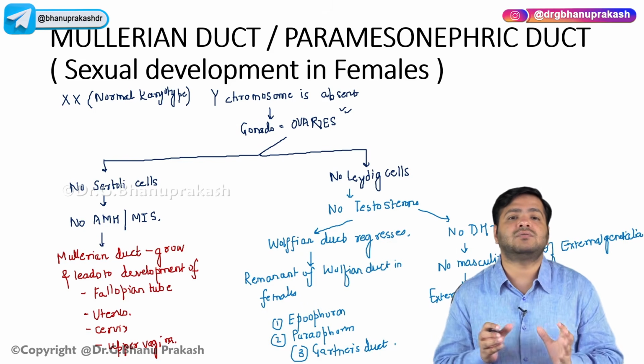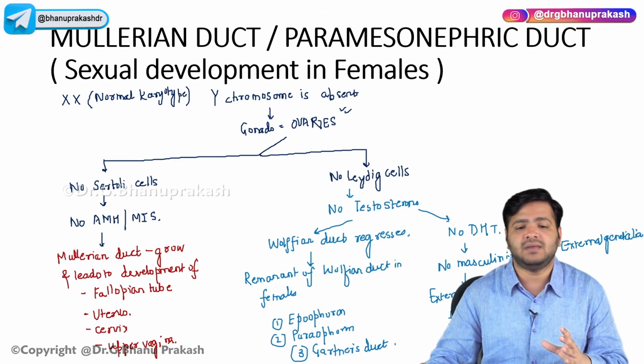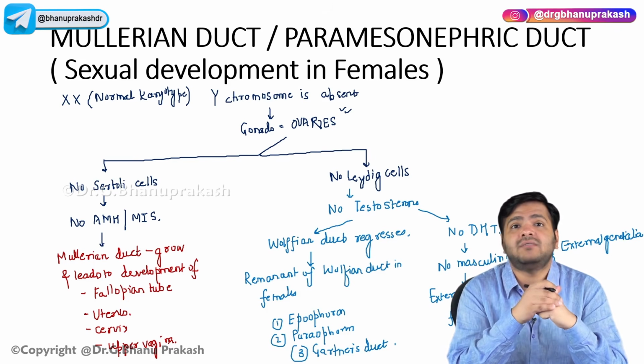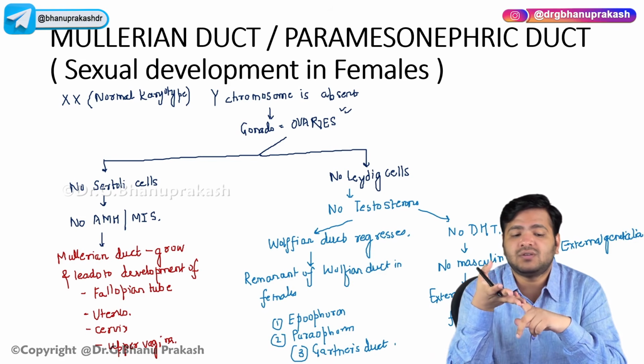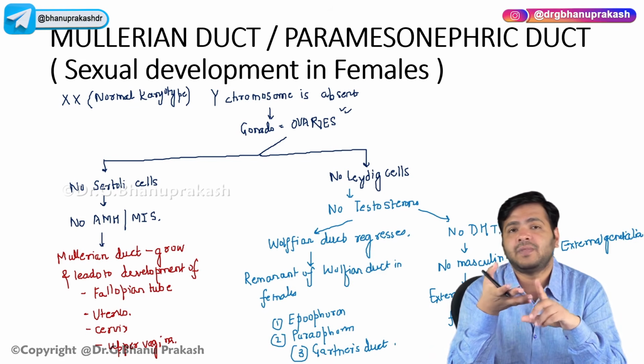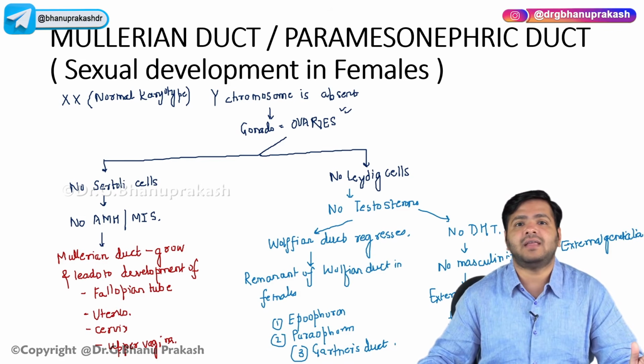So this was about the normal sexual development in females. The paramesonephric duct in females will give rise to the fallopian tube, uterus, cervix and upper vagina, right?